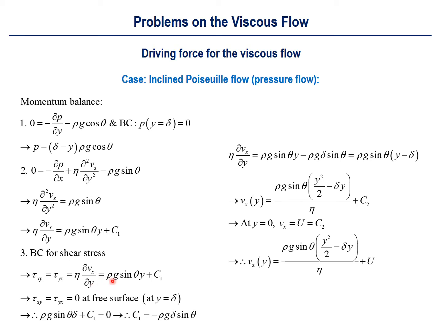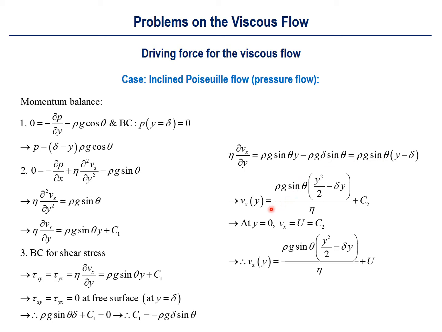And this will be equal to rho g sine theta y plus some constant C1. Using the boundary condition at the free surface, which is at y equal to delta, we can find the value of C1 as negative rho g delta sine theta here. So using this constant, we can find that del Vx over del y is rho g sine theta y minus rho g delta sine theta.